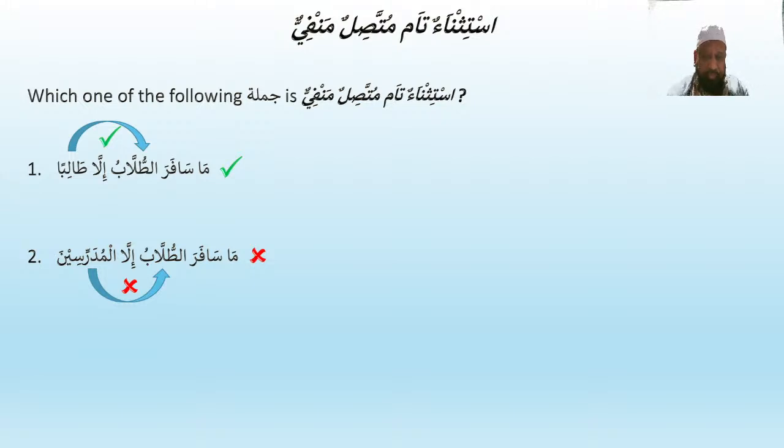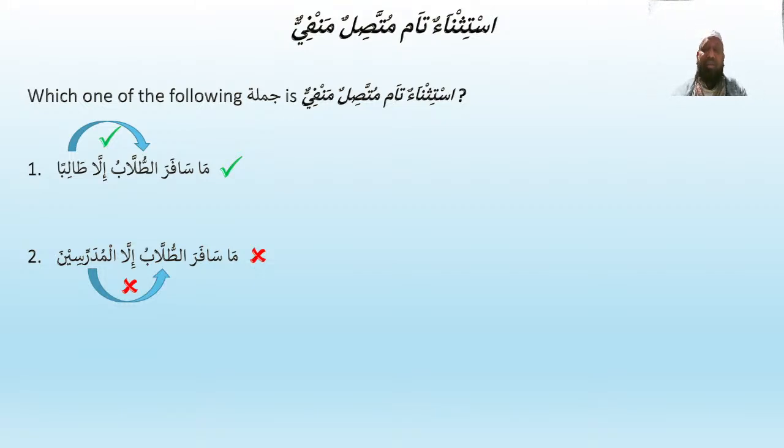Okay, so when it is the i'rab according to the slot, when the istisna is naqis, there's only one condition. When is the second one? Jawazu nasb al-mustasna wal-ittiba'. Again, only one condition. I mean, in this one condition, there are three conditions we need to match.